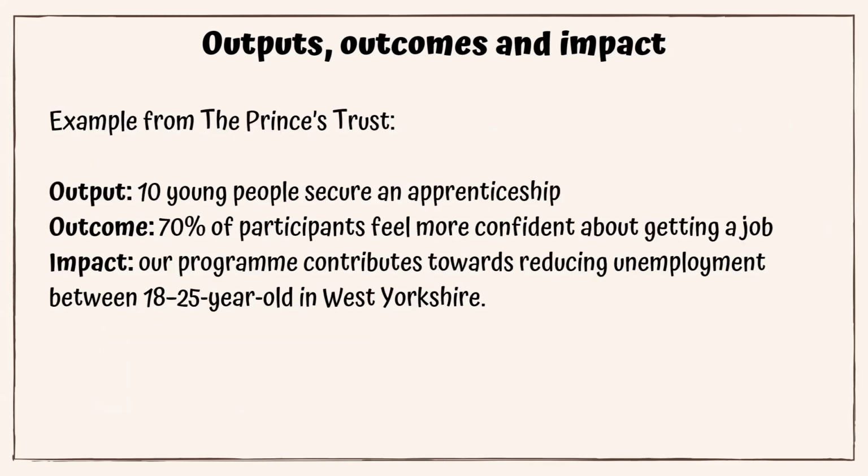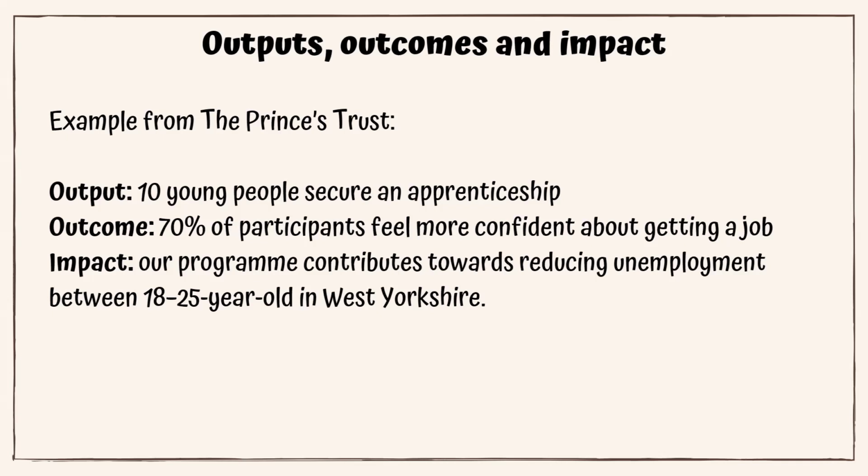I like to use an example from the Prince's Trust where I worked for a number of years, because this is where I really learned how to talk about outputs, outcomes, and impact. This is an example of how we used to talk about it with employability programs for young people. So the output was 10 young people secure an apprenticeship.